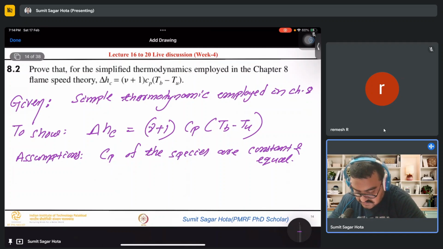This is actually a confusing question. If you don't know what simple thermodynamics is, then it's very difficult to answer this kind of question. So to approach this kind of question, always remember, we can approach it by assuming an adiabatic flame. That's the reason I wrote that Cp of the species are constant and equal.